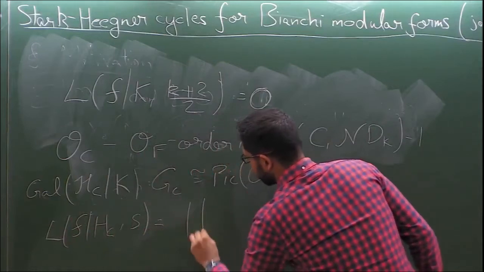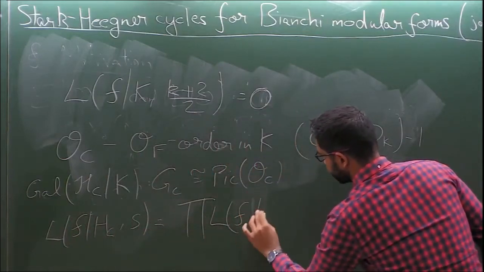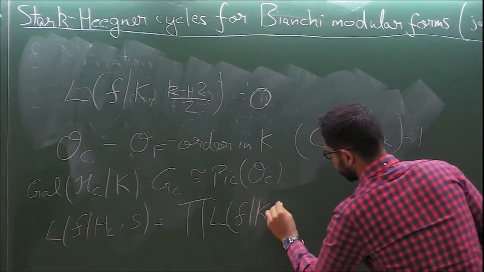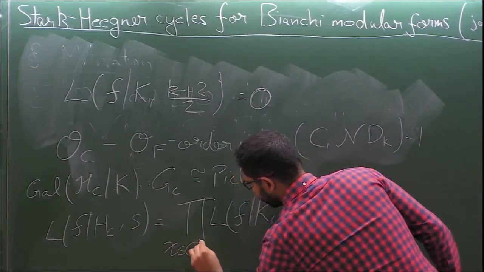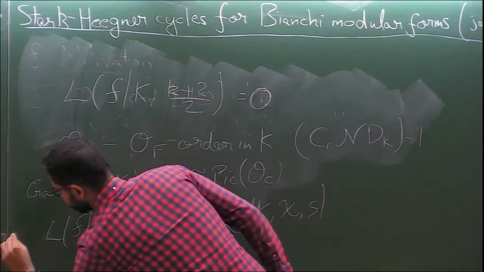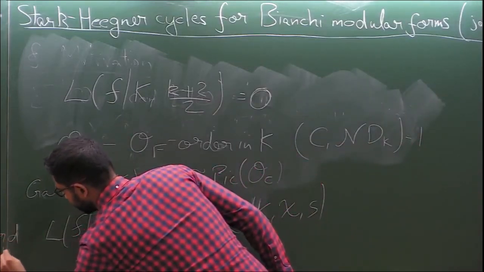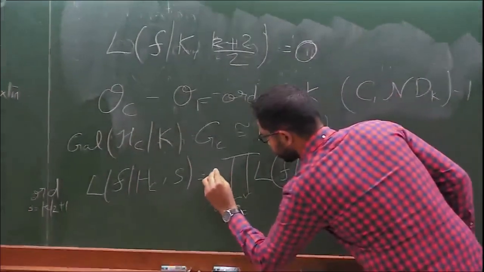This admits a factorization: base change over K and then twisted by character chi. So I can make sense of the order of vanishing at the central value K by 2 plus 1.